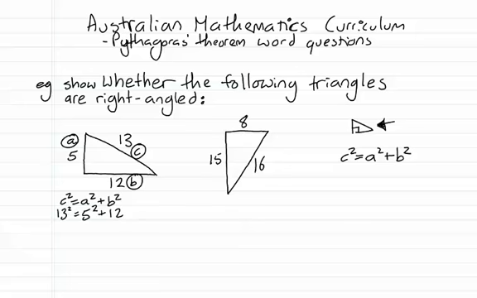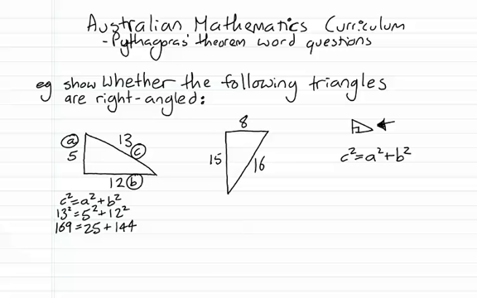Evaluate each of these. So 13 squared is 169, 5 squared is 25, plus 12 squared, which is 144.